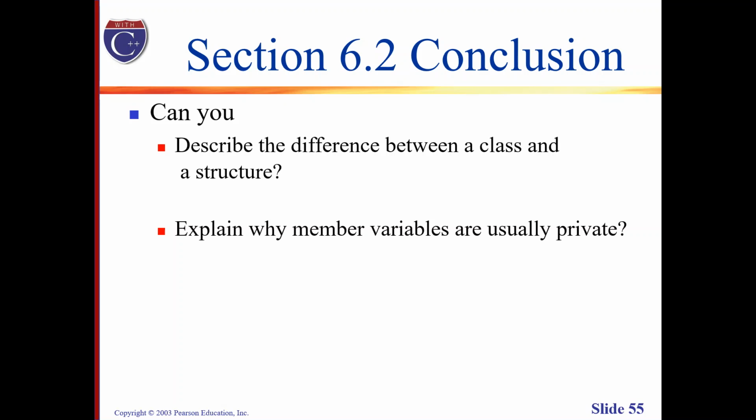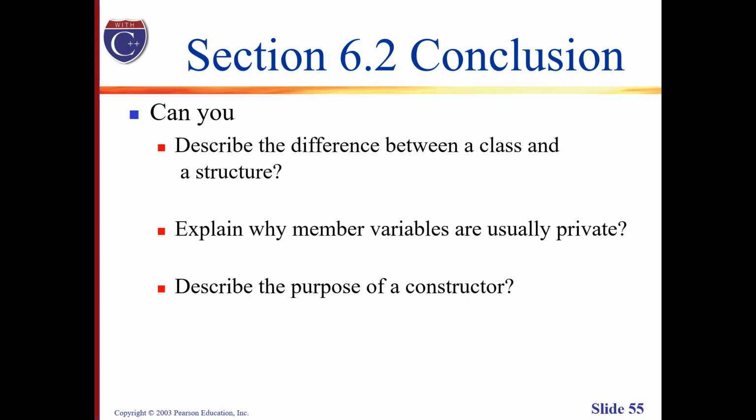We now know the reasons why member variables are usually declared as private. As we have seen in our examples, we would like to restrict access to our member variables. Therefore, we need to declare them as private, and we can only access and change its value using member functions, which are either accessor or mutator functions.